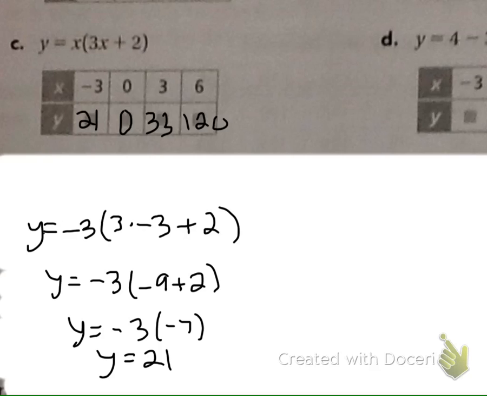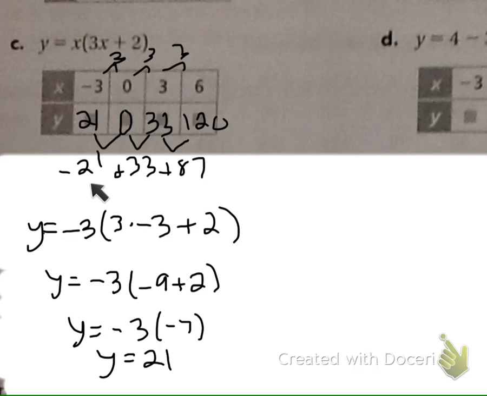Okay, so now let's look at the carets. This is adding 3 each time. And then from 21 to 0, we're going down 21. From 0 to 33, we're adding 33. And from 33 to 120, we're adding 87.